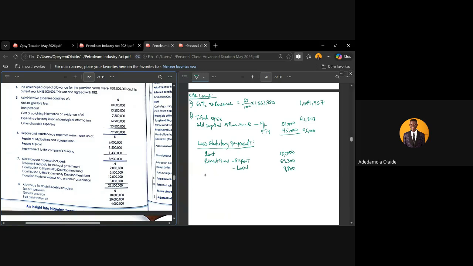Here we have contribution for Niger Delta Development Fund, 12 million. Then contribution to HCDF, 12 million.